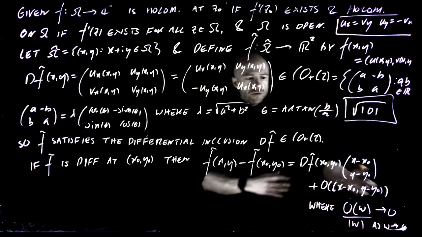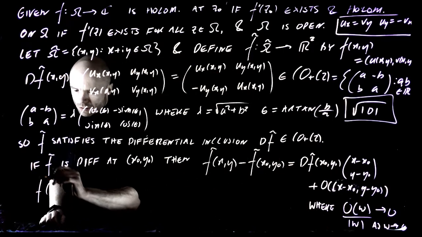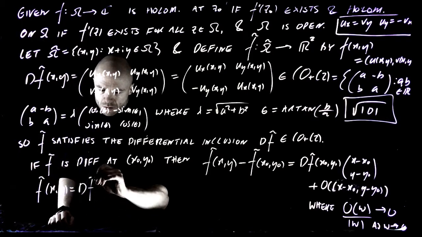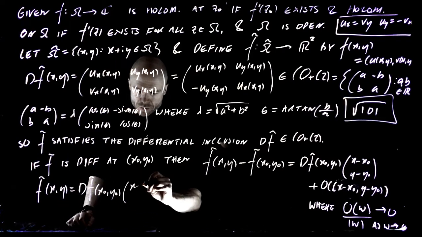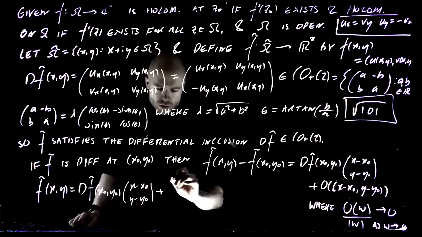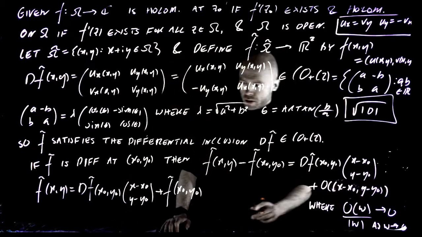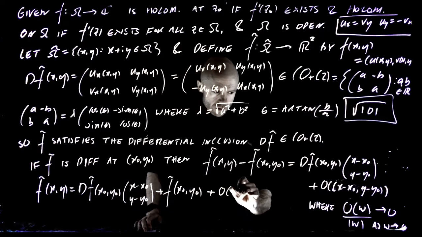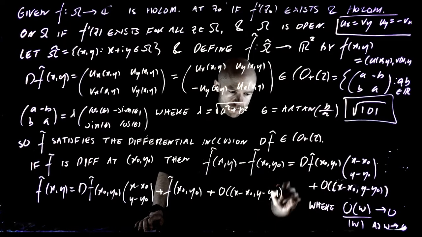Right? This is the definition of differentiability. Yeah. So we can rewrite this as F tilde of x, y is this, which gives us this right here, plus order of x minus x0, y minus y0.